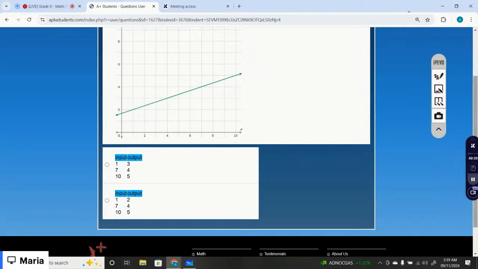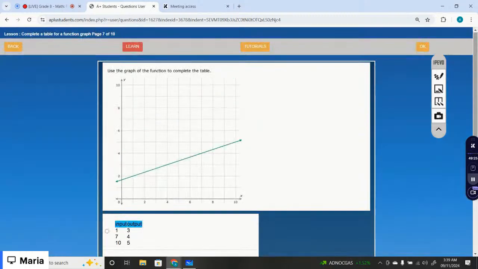That is x equals 1, y equals 2. Option number 2 is the correct option. Got it?